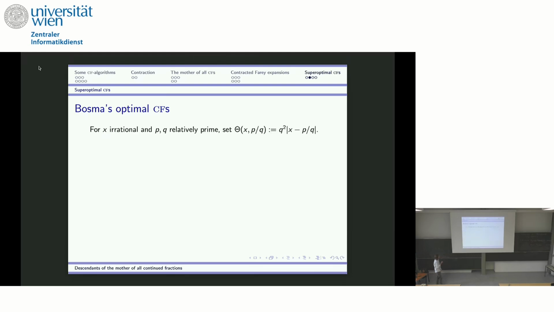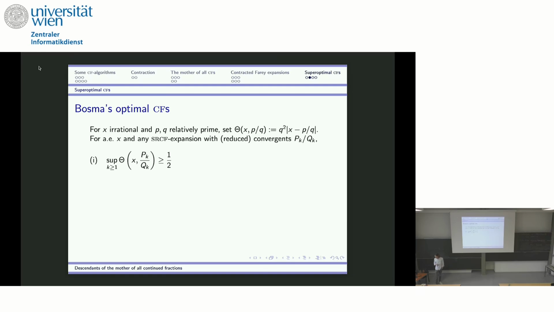So if we take some irrational x and two relatively prime integers p and q, and denote by theta of x and p over q the quantity q squared times the difference of x and p over q, this is called the approximation coefficient of x and p over q. This is giving us a measure of how well the rational p over q approximates x relative to the size of the denominator q.